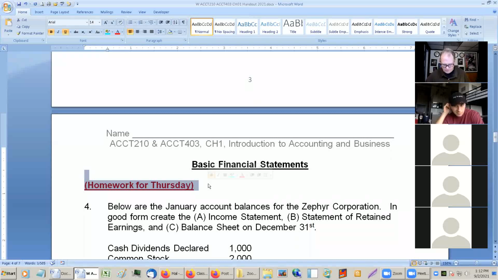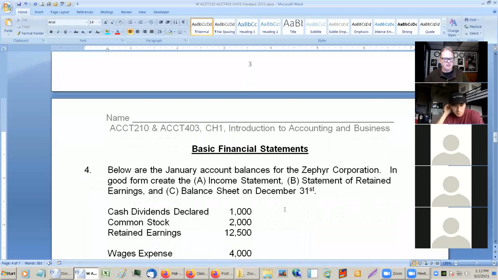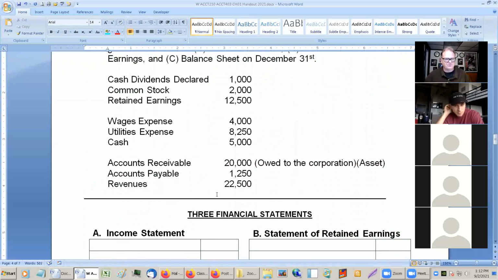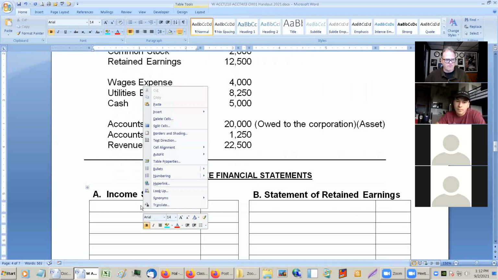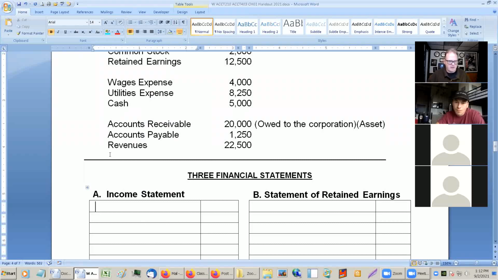So you guys hopefully got a chance to take a look at this. These are all the accounts. On our income statement, we're going to start out with revenues.